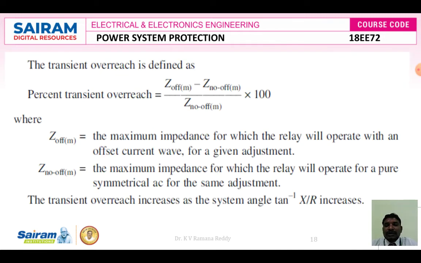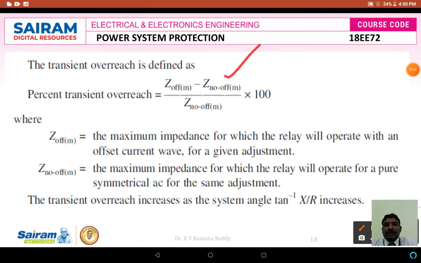Then what about the transients in the case of an overreach relay? The transient in the overreach relay can be defined as the difference between the DC offset impedance and the without DC impedance, calculated in the same manner as regulation. The formula is Z off minus Z no off, divided by Z no off, into 100.